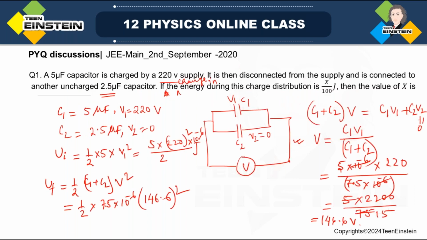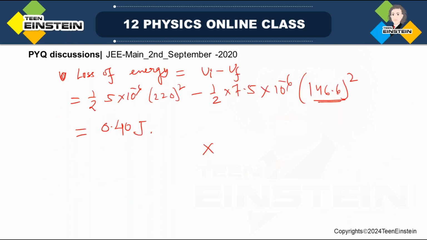The question was x by 100, and then what is the value of x? So the value of x will be 40. Okay, so this is the answer.